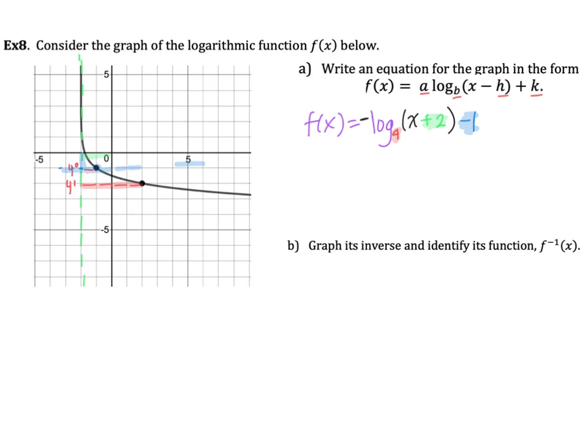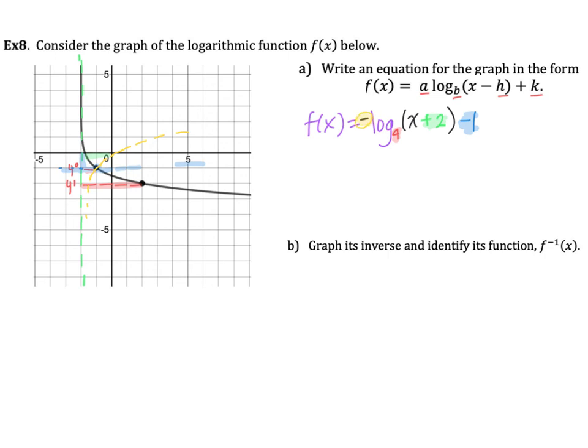The one thing you might have forgotten is to include this negative sign in front. Remember, your logarithm was a vertical reflection, so you have to be careful. Typically, your logarithm would have opened this way, right? But instead it was reflected vertically, therefore your negative sign goes in front of the log.